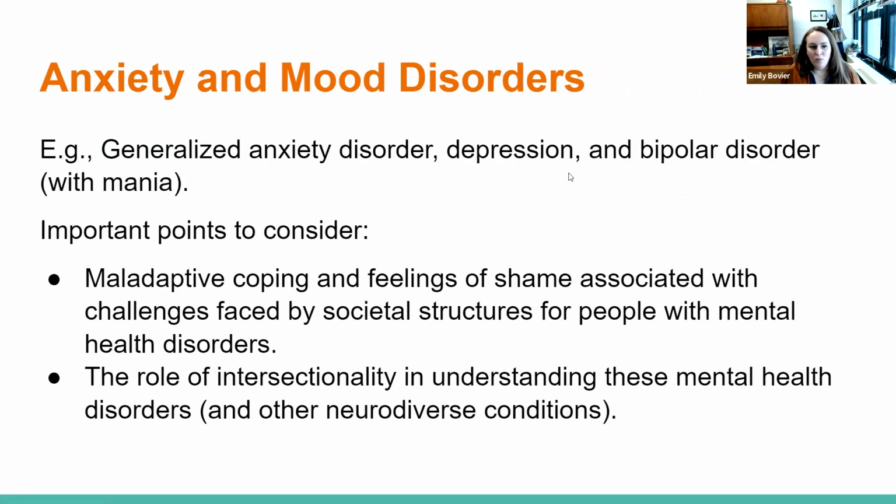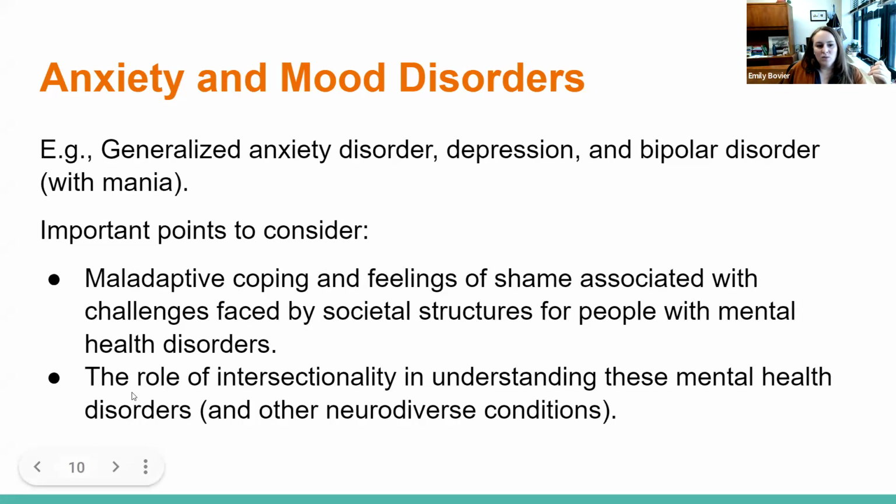The main important point to consider here, and this applies to autism and ADHD as well, is that individuals might, with these challenges that they face, have maladaptive coping and feelings of shame, right? So there's that stigma that's associated with these conditions, or just the frustrations that a person experiences when they're faced with these societal environmental structures.